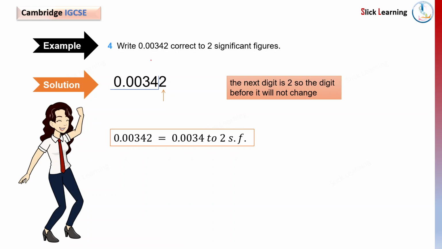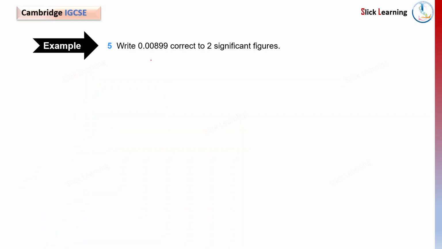Let's see the last example. Here again the question has 3 significant figures, but we have to give the answer up to 2 significant figures only. So we are going to round it again. Here, 9 is greater than 5, so we are going to add 1 to 9.